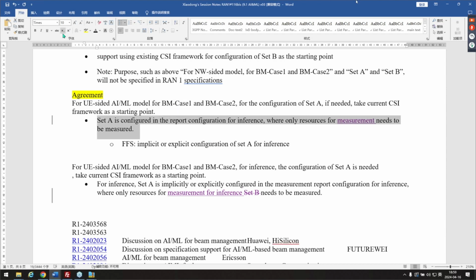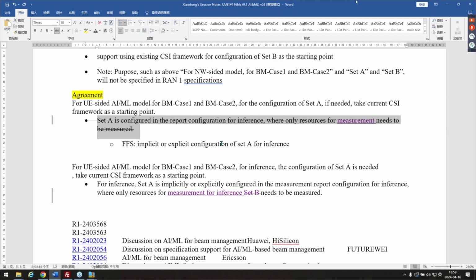Better? We think to keep the one which is struck out is better. Basically, I think companies need to have a common understanding, at least in our understanding, for the final definition of set A in the final spec.